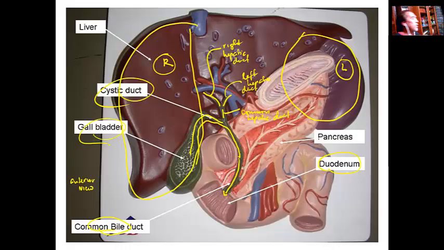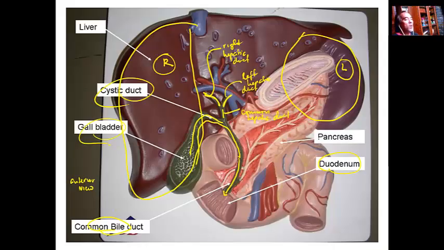Okay, so again, this is a unique situation because I'm looking at the anterior view, even though I've seen the gallbladder, because it is a coronal plane. That's the reason why I'm dependent on the lobes. The bigger lobe is the right, the smaller lobe is the left. That's how I identify the hepatic duct, right or left.